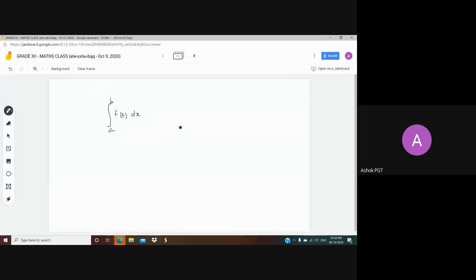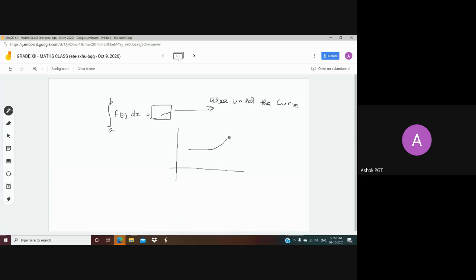First thing is, here we are calculating the area under the curve. Please observe each and every term very carefully. Area under the curve. The final value that we get here is known as the area under the curve.